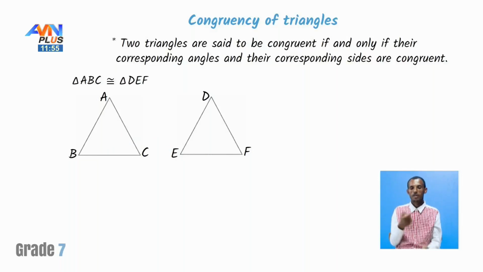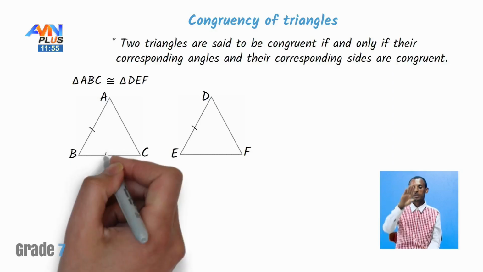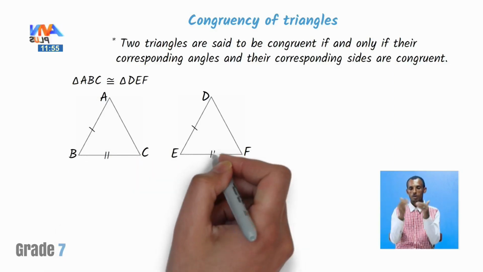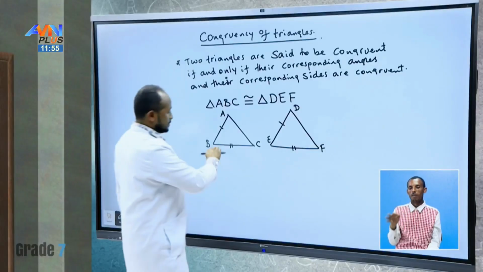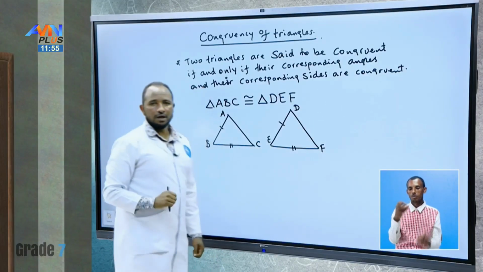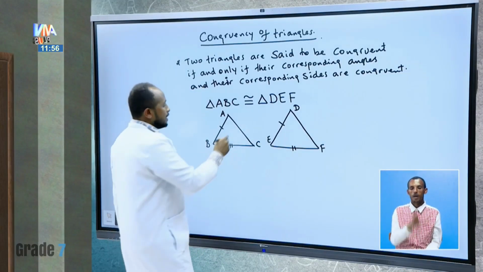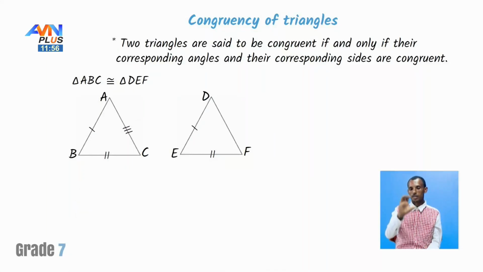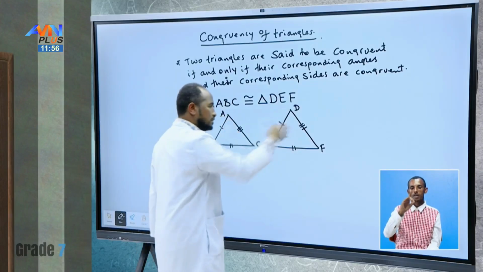This side must be equal with this one. And side BC must fit on side EF. And again, this side must be equal with this one.